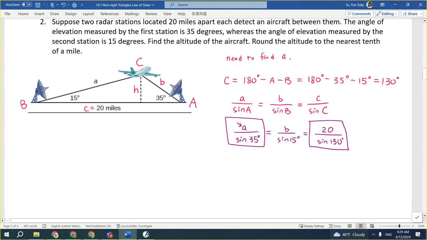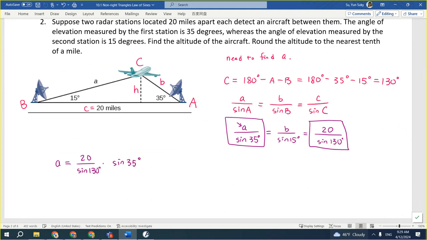I look at those two blocks. They are equal. And then, can I just put A equals this right-hand side multiplied by sine 35 degrees? Yes. So that's A, our right-hand side, and then multiply by sine 35 degrees.